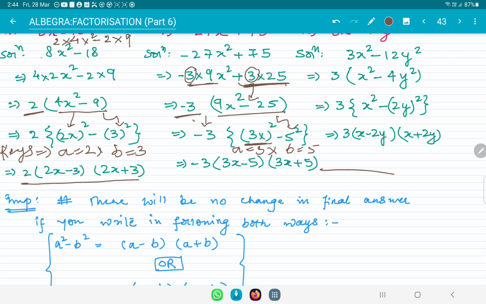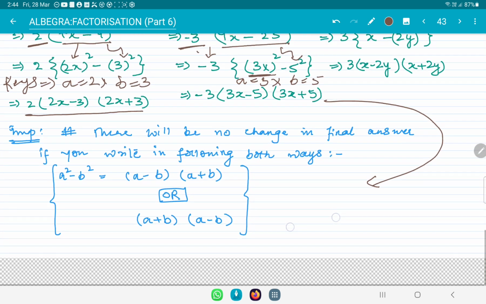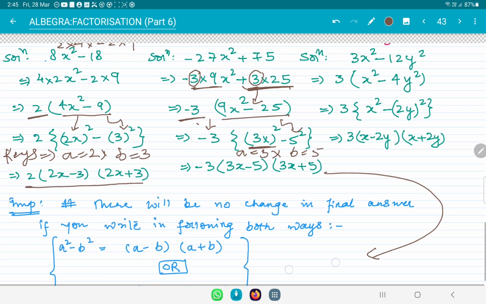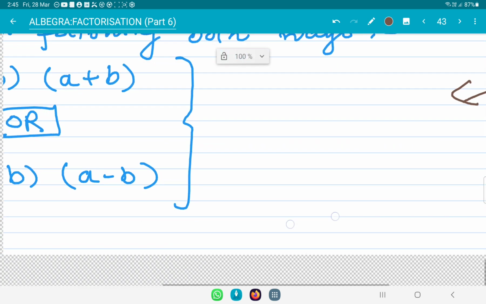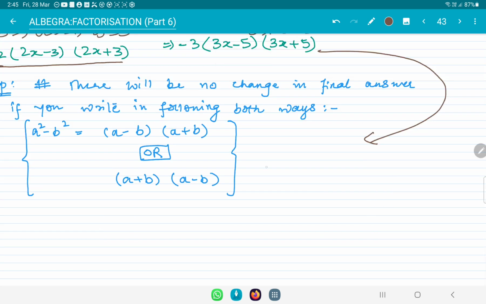Here I am showing what happens when we take plus 3. So see here, our question is minus 27x square plus 75. We are writing in this way, minus 3 into 9x square plus 3 into 25.